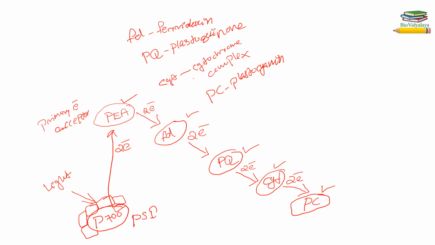From plastocyanin, the electrons come back to photosystem 1. That's why it is called cyclic photophosphorylation.